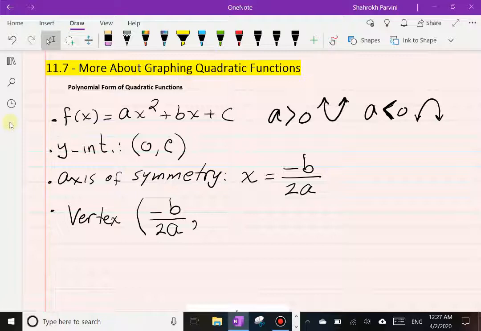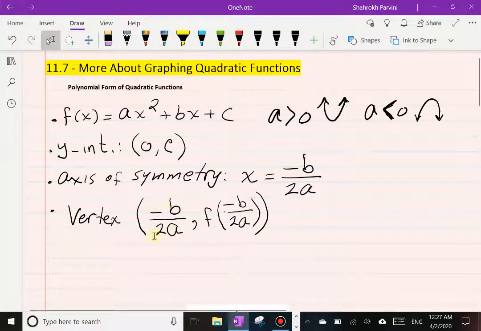There is a formula for the y component of the vertex, but the easiest way, so you don't have to memorize yet another formula, is to evaluate the function at negative b over 2a. That means whatever number you find for x, you plug in for x in the function, and that gives you the coordinates of the vertex.